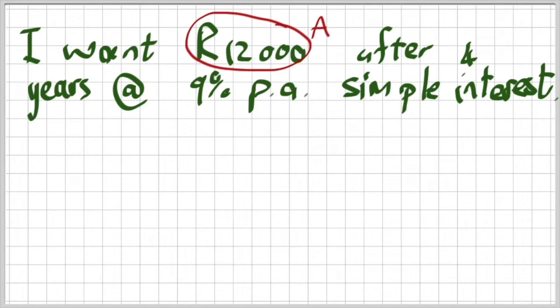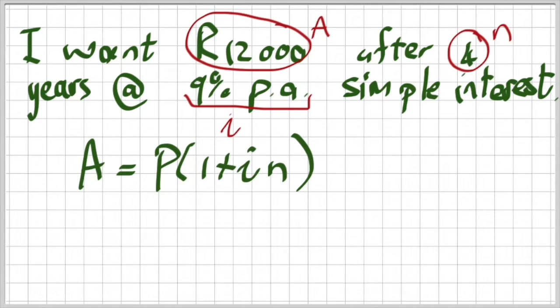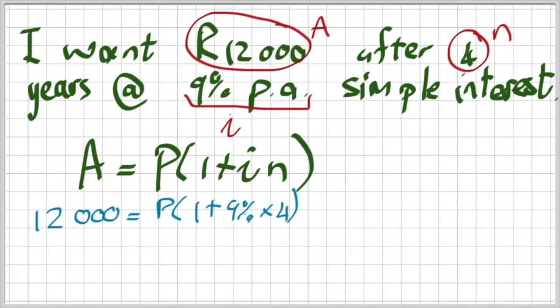I have A, because that's my accumulated, my final amount. I've got N, and I have I. Going to my formula, I'm just going to substitute in. So in other words, 12,000 Rand is P times (1 plus 9% times 4). Again, teacher might not like 9%, so let's rather put 9 over 100.